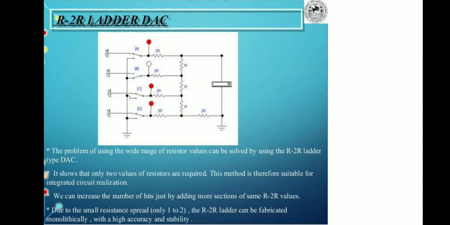It shows that only two values of resistors are required. This method is therefore suitable for integrated circuit realization. We can increase the number of bits just by adding more sections of the same R2R value. Due to the small resistance spread, the R2R ladder can be fabricated monolithically with high accuracy and stability.